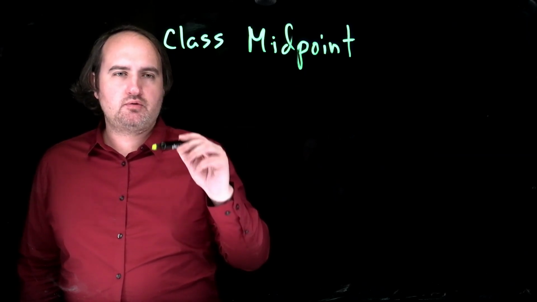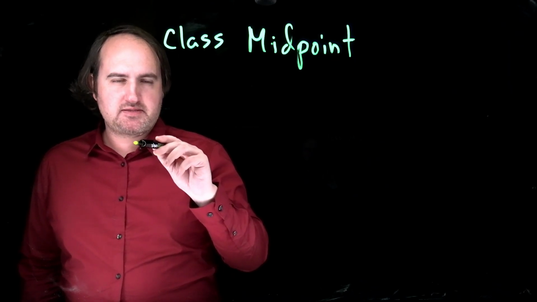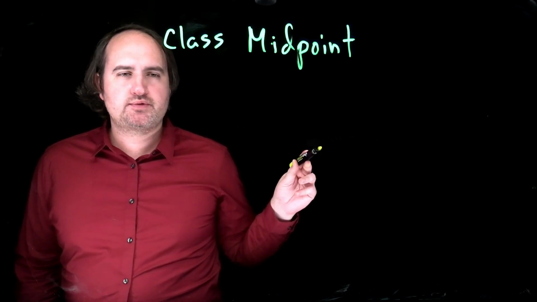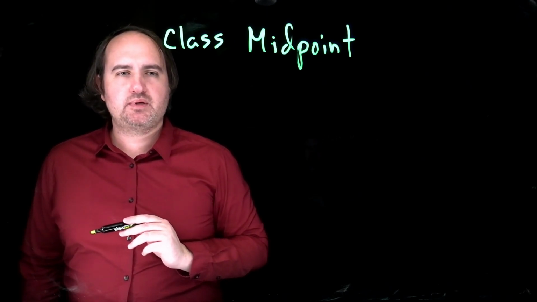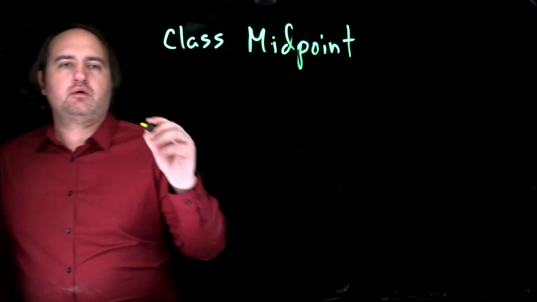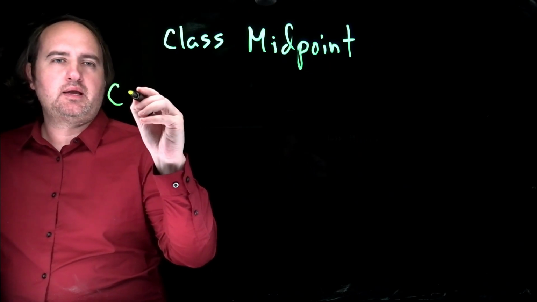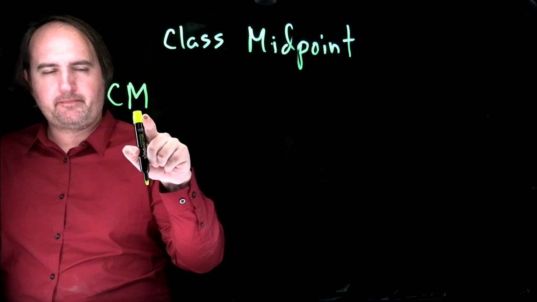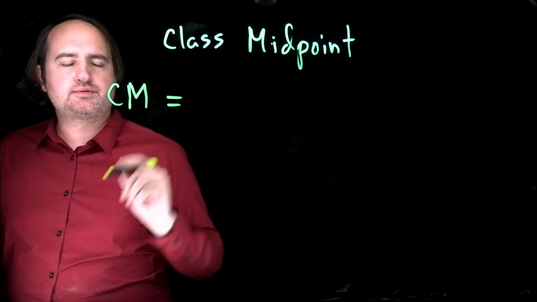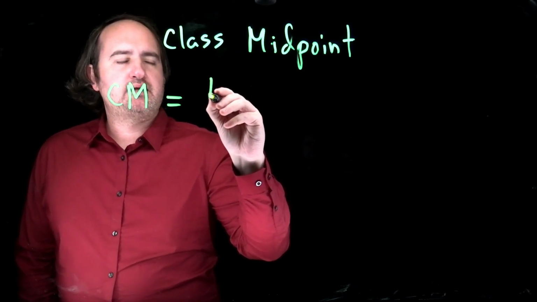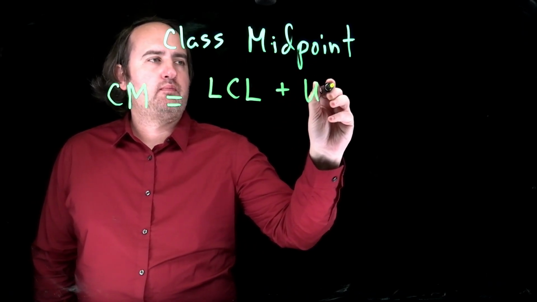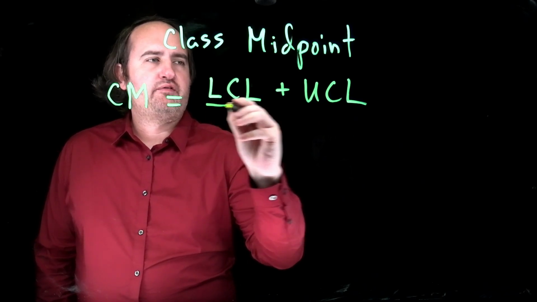So that means you do the lower class limit for that class, and then you add the upper class limit, and then you divide the result by 2, and that gives you the class midpoint. Okay, so here's the formula. I'm going to write CM, that stands for class midpoint, and it equals lower class limit plus upper class limit divided by 2.